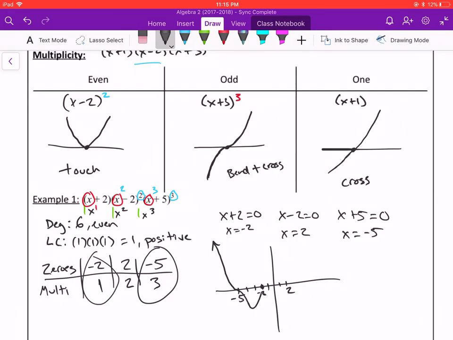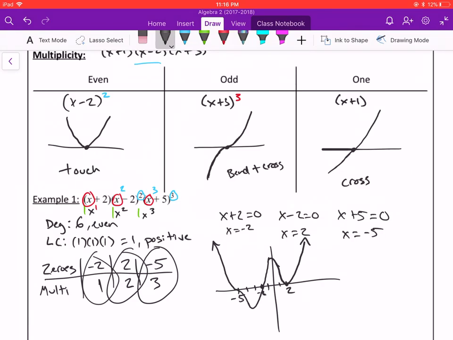Stays the same. And then the last one, the multiplicity of 2, at 2, we're going to bend. We're going to come up over here and touch it at 2. Let me draw that a little bit better. From here, we're going to go up, however it goes, touch it at 2, and then end up back positive.